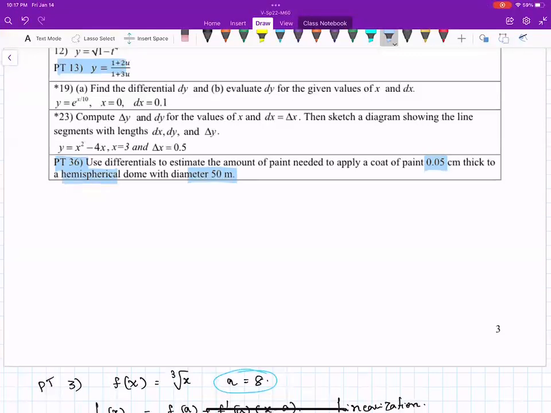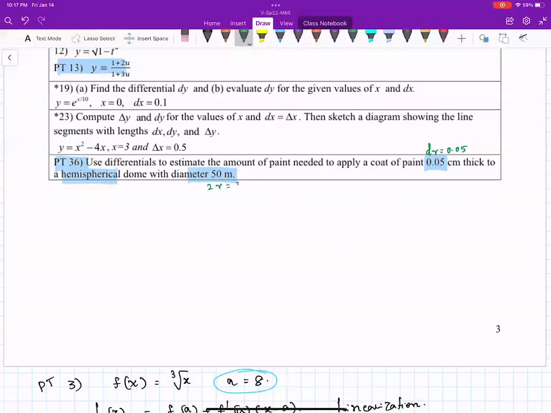The coat of paint is 0.05 centimeter thick, which suggests that it is dr, the change in the radius. And it is hemispherical.